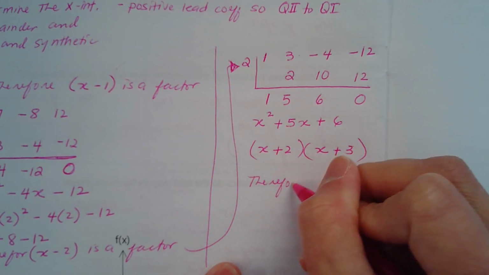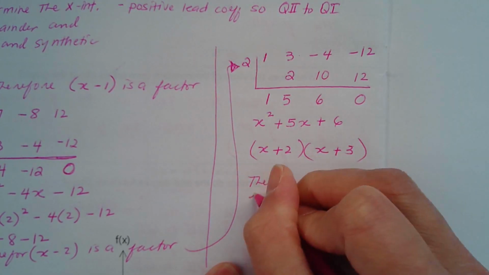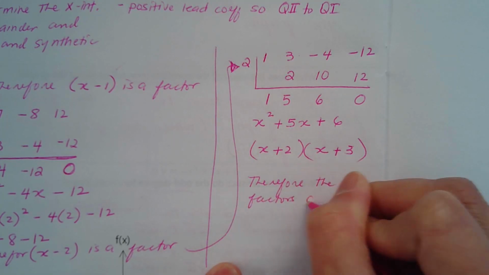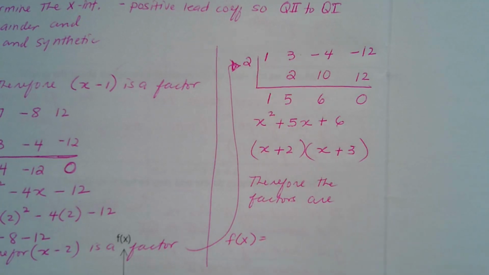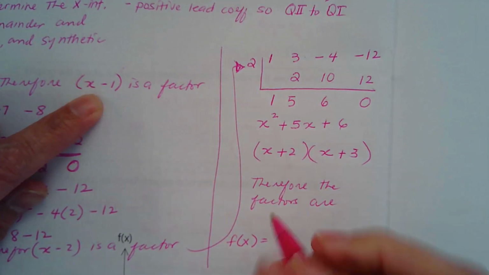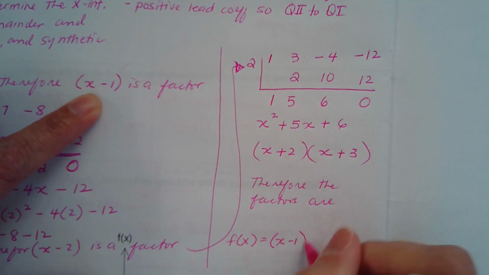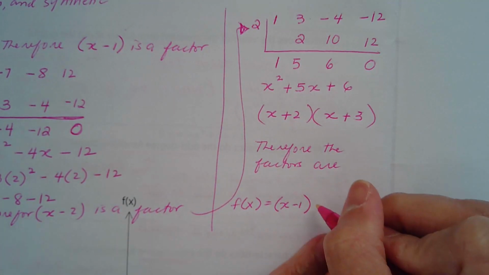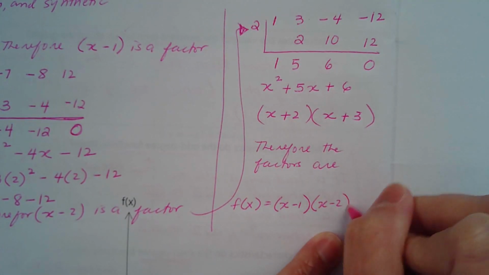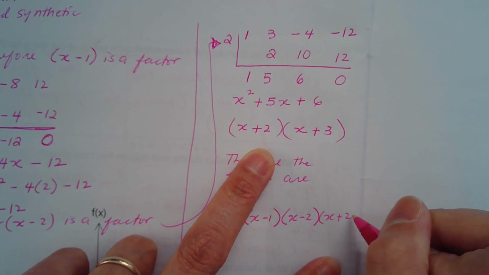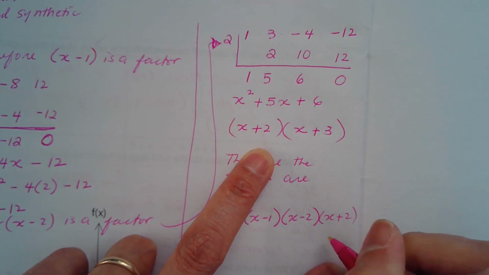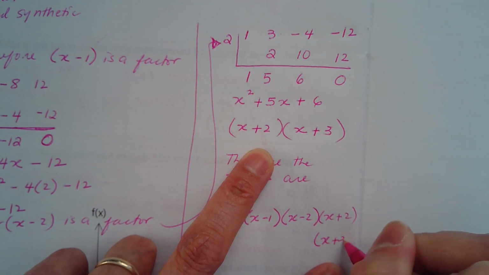Therefore, the factors are f of x equals x minus 1, that's the first one that we found. And then x minus 2, and then x plus 2, and then the other one is times x plus 3.